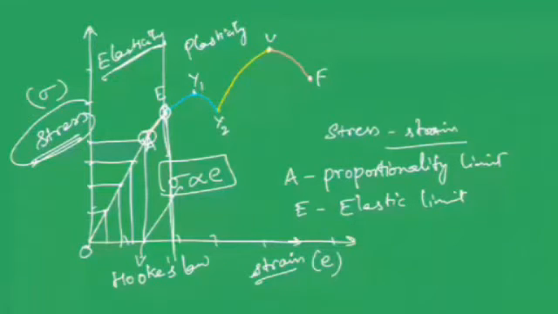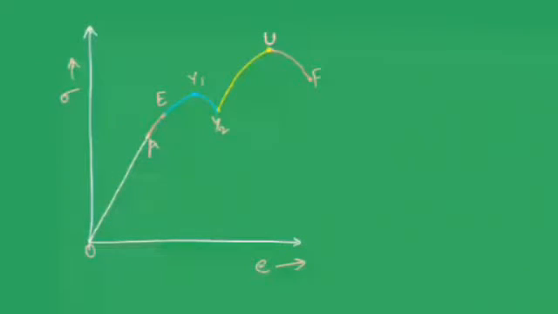Whatever strain we get up to here, once the load is removed, the body can come back to its original shape till the point E. Beyond E, we'll have plasticity, which is the state of the material where the body will not regain its shape.